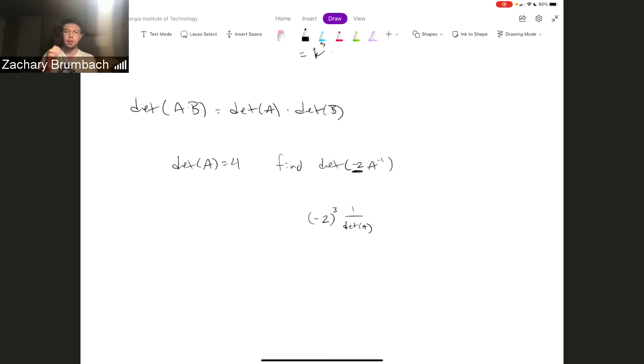In this case, it's a 3, because we're multiplying -2 to each row, so we're doing -2 three times. That's why it's -2 cubed. This is equal to -8 times 1 over 4, which is equal to -2.